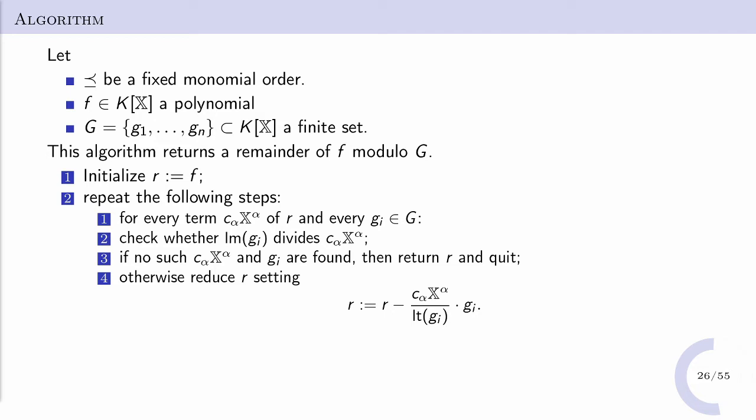So as an input, we have a polynomial and a set of polynomials modulo which we will reduce it, and we have some fixed monomial order.